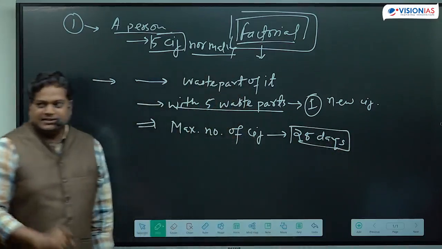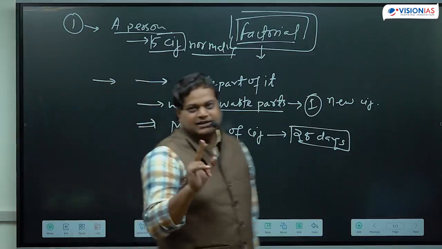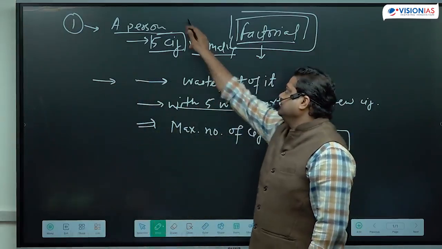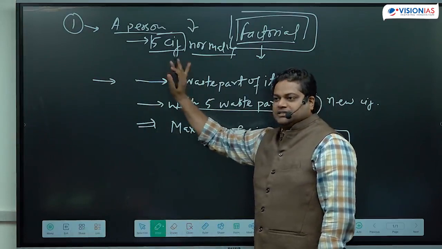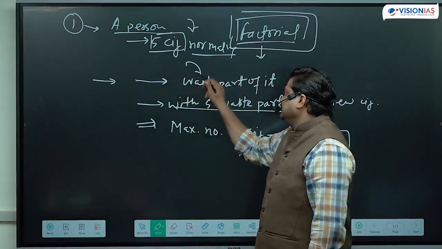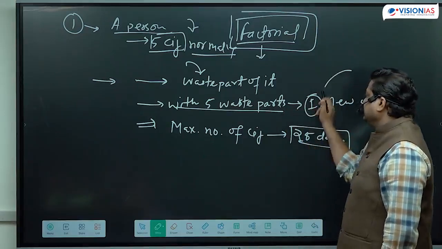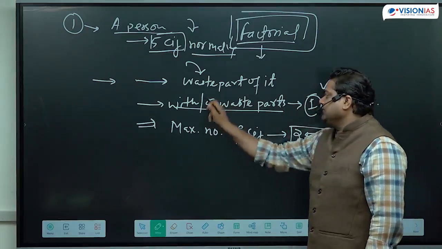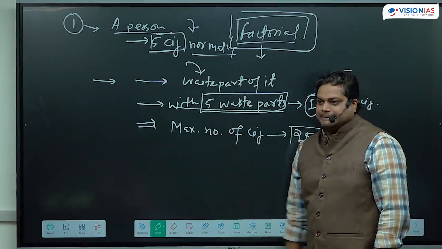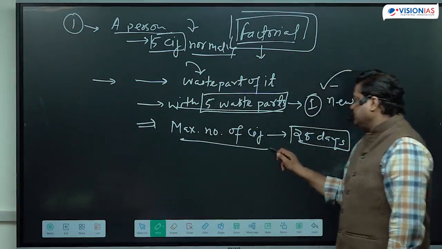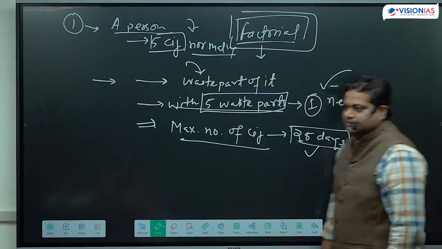This is the question. Understandable? A person is smoking normally 5 cigarettes a day. Then he got a machine which can make one new cigarette with the help of 5 waste parts of a cigarette. So maximum number of cigarettes a person can smoke in 25 days.